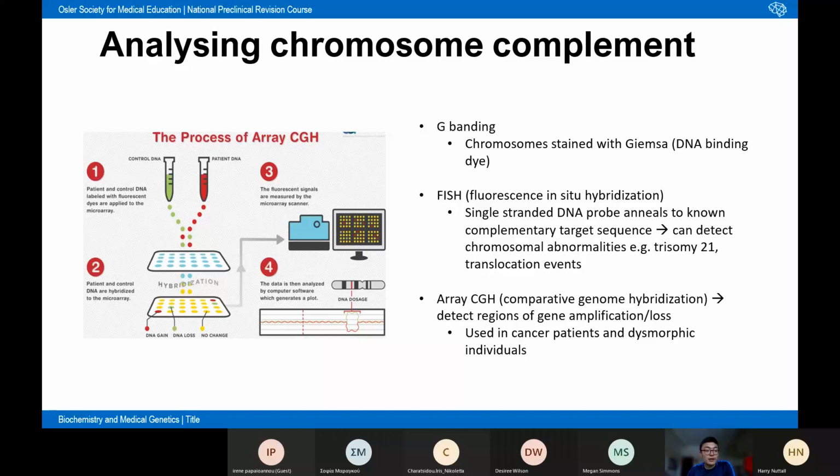If there's a yellow dot, this indicates there's no amplification or loss at a given site in the patient DNA compared to control DNA. So these are three different ways of looking at chromosome complement. Each of them has its own benefits, and often they can be used in combination to complement each other.